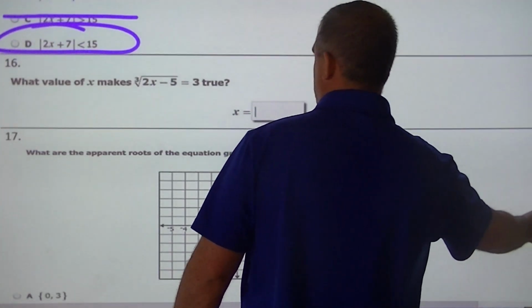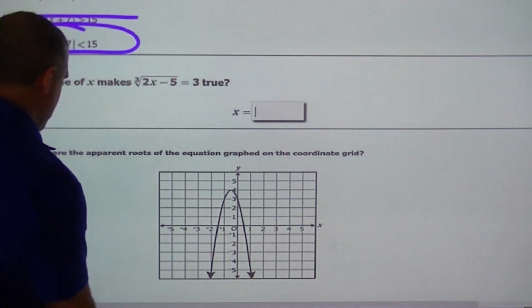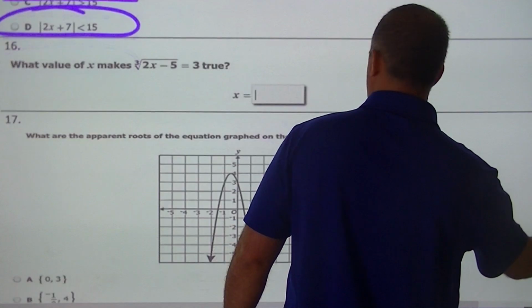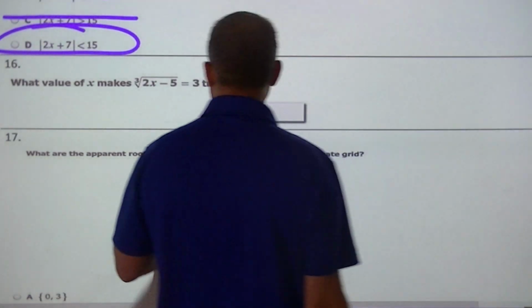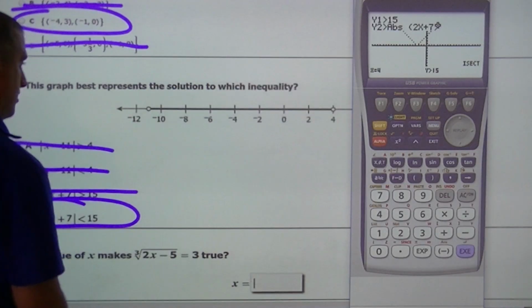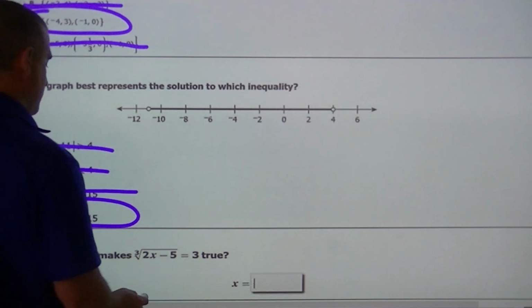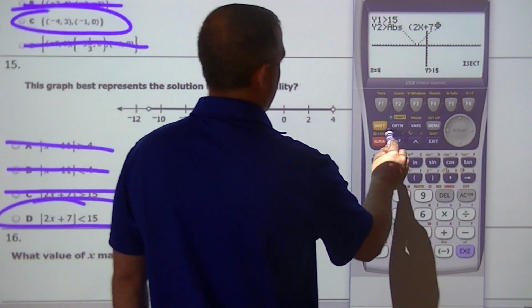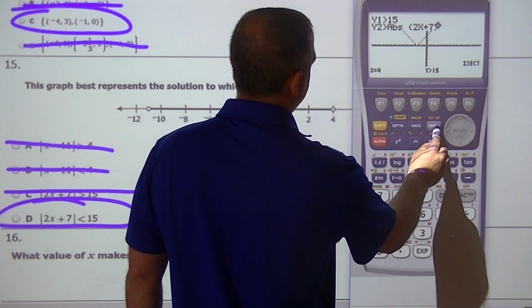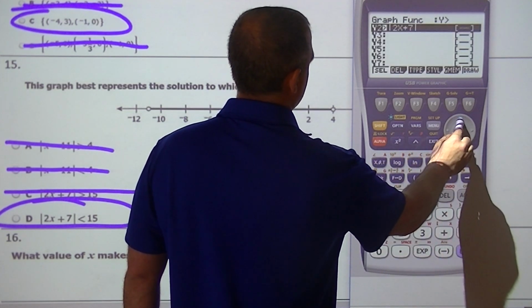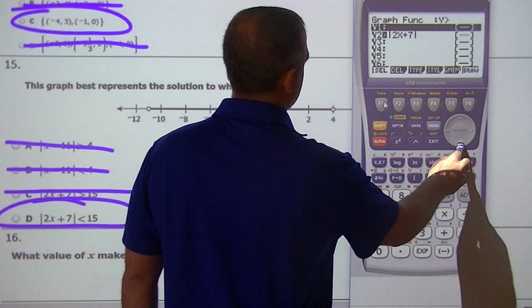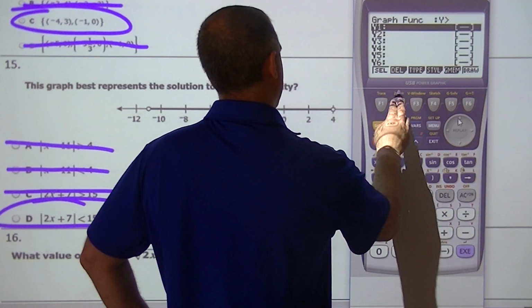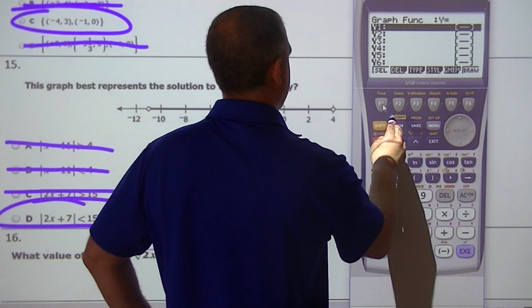A cube root equation. Got to be careful sometimes with cube root equations. Sometimes with the cube root equation, when you're in the graph area, first of all, let's change these back. So we're going to go type y equals.